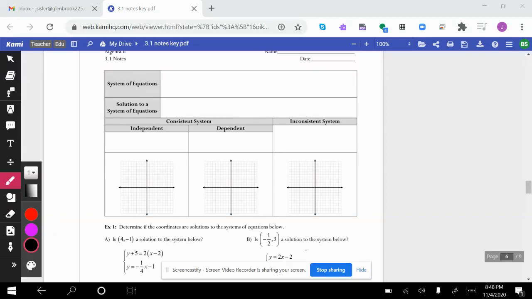Hey everybody, so we are looking at our 3.1 video notes, and we're talking about systems of equations.